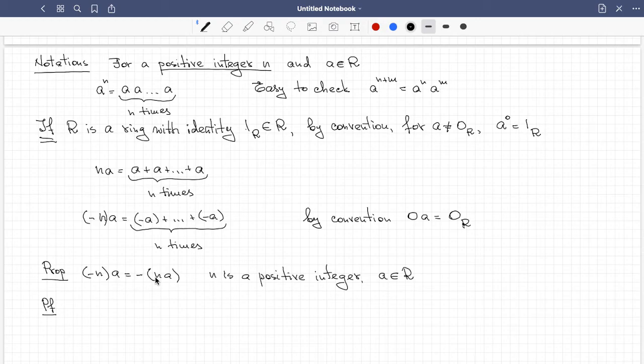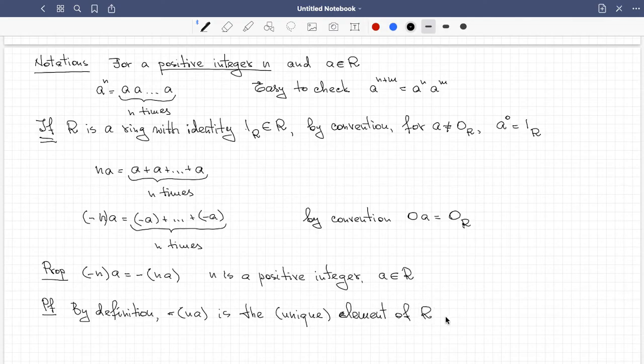So how do we do that? Indeed, by definition, negative (n a) is the unique solution, element of R, such that negative (n a) plus n a equals 0.